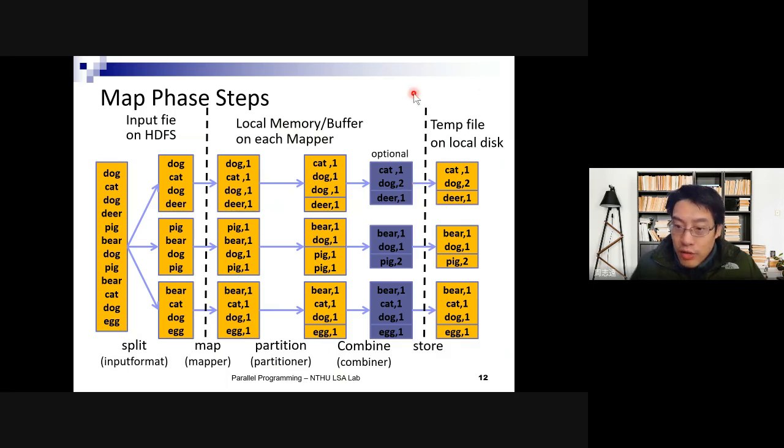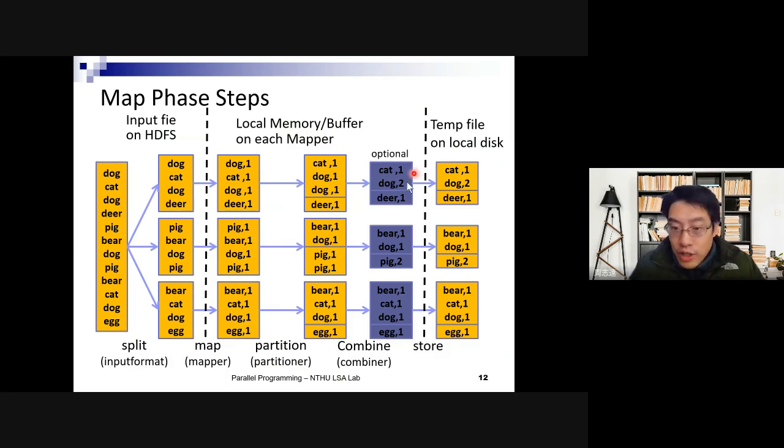Because remember, usually the performance bottleneck of the MapReduce framework is when it tries to transfer the intermediate key value pairs from the mapper task to the reducer task, because it's a remote network data transfer.